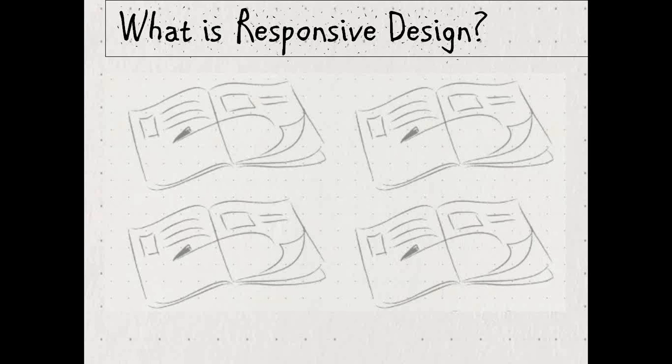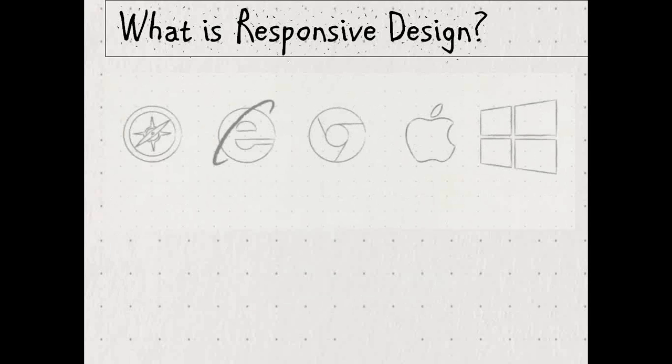Now contrast that with web design. When I create content for the web, I have to deal with an almost overwhelming set of variables in how that content will be consumed. For example, I have to consider the wide variety of browsers and operating systems that people might be using, and whether my content is accessible to screen readers or other accessibility-enabled devices.